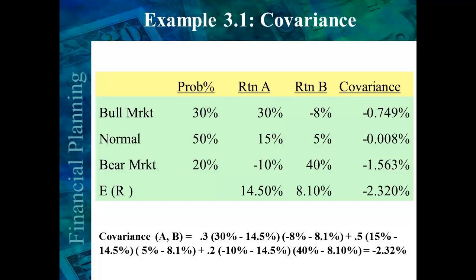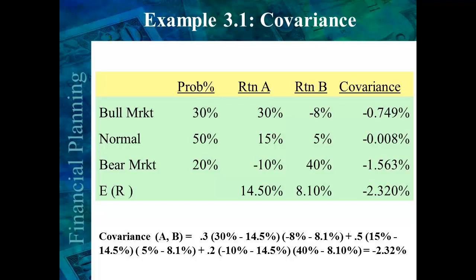Asset A has an expected return of 14.5%. This expected return is calculated as 30% probability times a 30% scenario return plus 50% probability of a 15% scenario return plus 20% probability times a 10% scenario return.